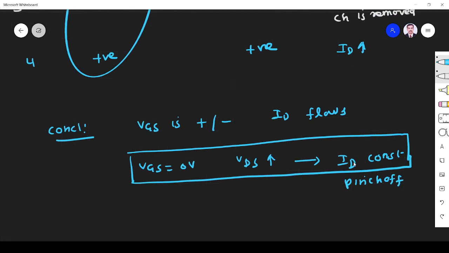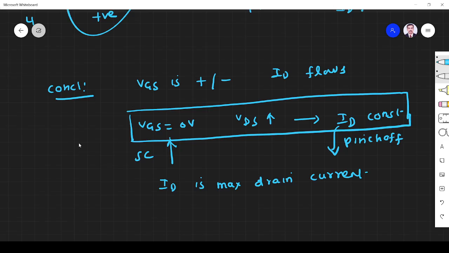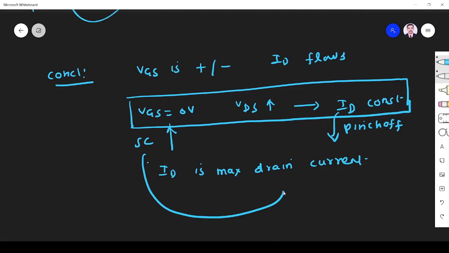So this ID is the maximum drain current. Beyond that, it remains constant. Why is it the maximum drain current? Because you see, it is occurring at VGS 0. VGS 0 means short circuit, and we know in short circuit there will be maximum current. Even if VDS increases beyond that, it remains constant. That's what we have studied.